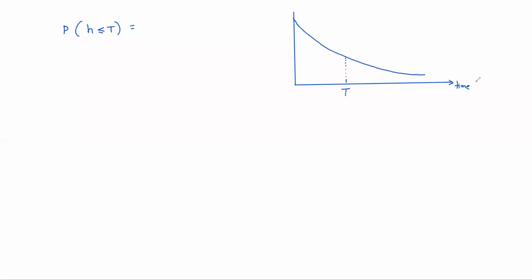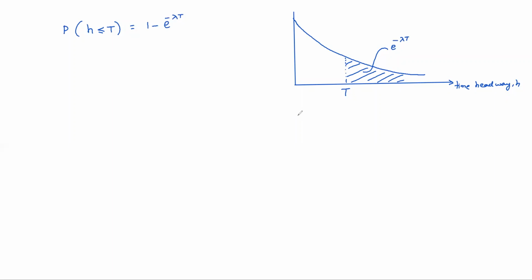H is time headway. H greater than or equal to t means this area. This area is how much? E power minus lambda t. It is a decreasing distribution. Okay, so less than or equal to means 1 minus e power minus lambda t.